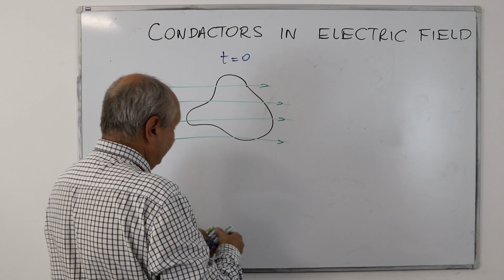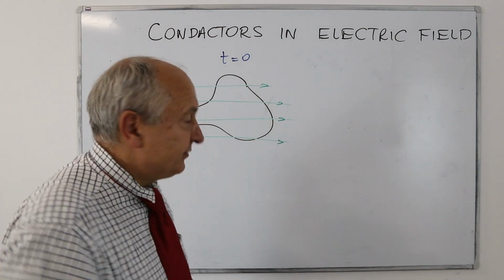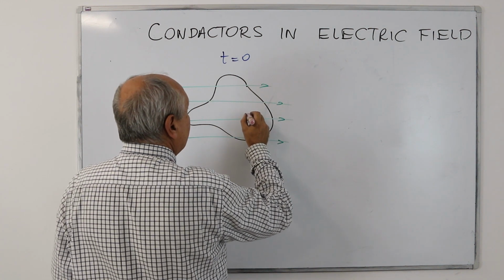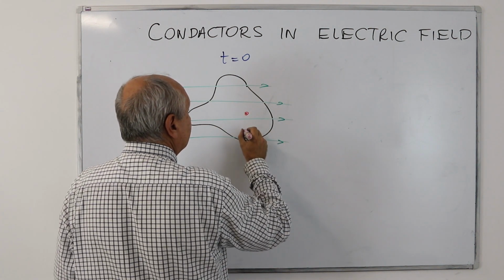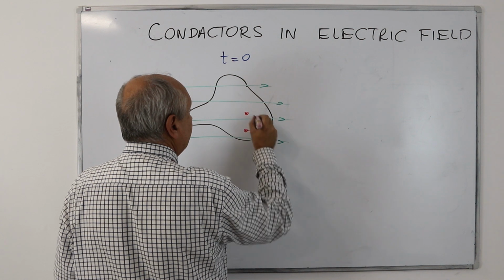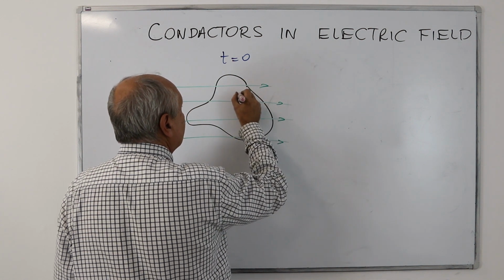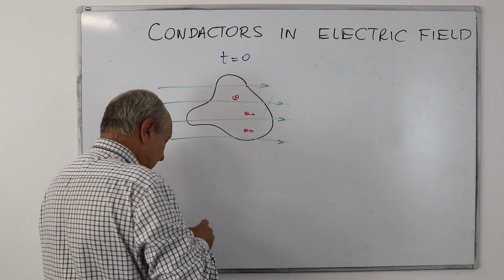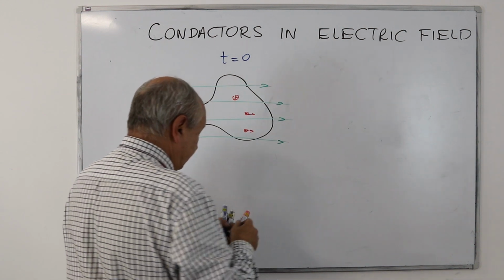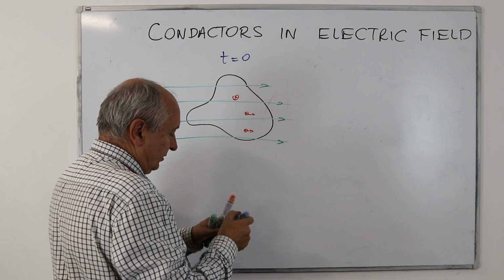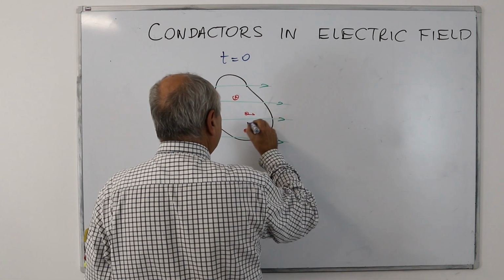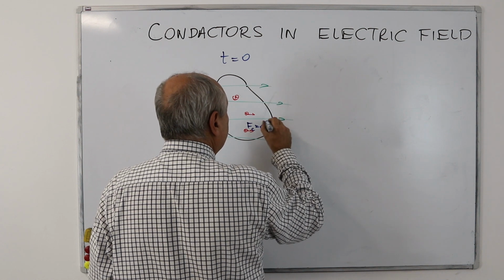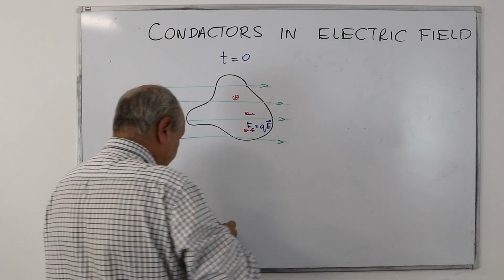What happened? We analyze positive charges. What happened with positive charges and negative charges? All positive charges move in this direction, and the force that we have over each of them is equal to Q multiplied by the electric field intensity.